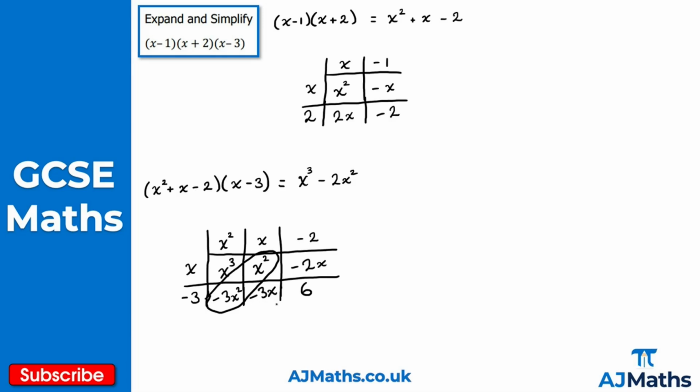We've then got minus 3x minus 2x, which gives me minus 5x. You can do the diagonal here if that makes it easier to see. And then finally, we've got this 6 in the bottom corner, and we can't do anything with that. And there we have it. That's our cubic that we get when we expand these three brackets together, and that gives us our solution to question 1.